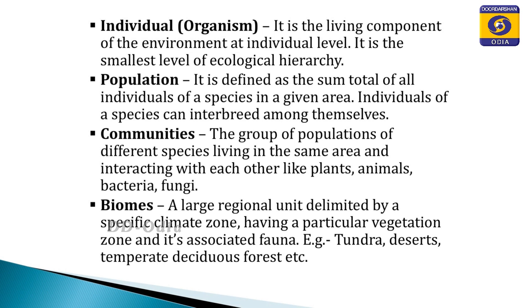It is the smallest level of the ecological hierarchy. Here we see that beyond this there is no existence. Organism is the smallest unit, and organisms together of one type or of different types will make different levels of the ecological hierarchy.